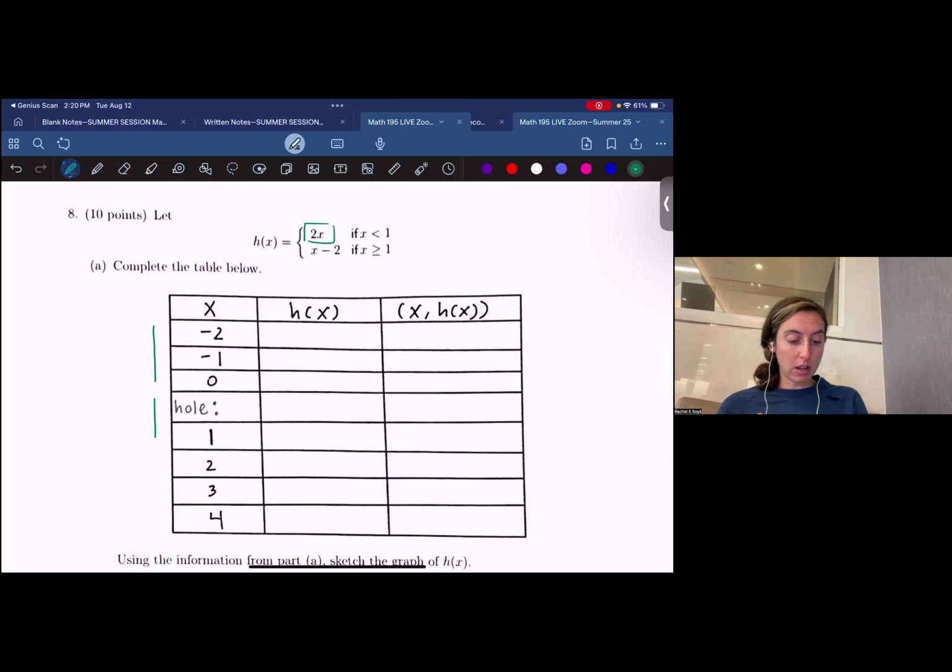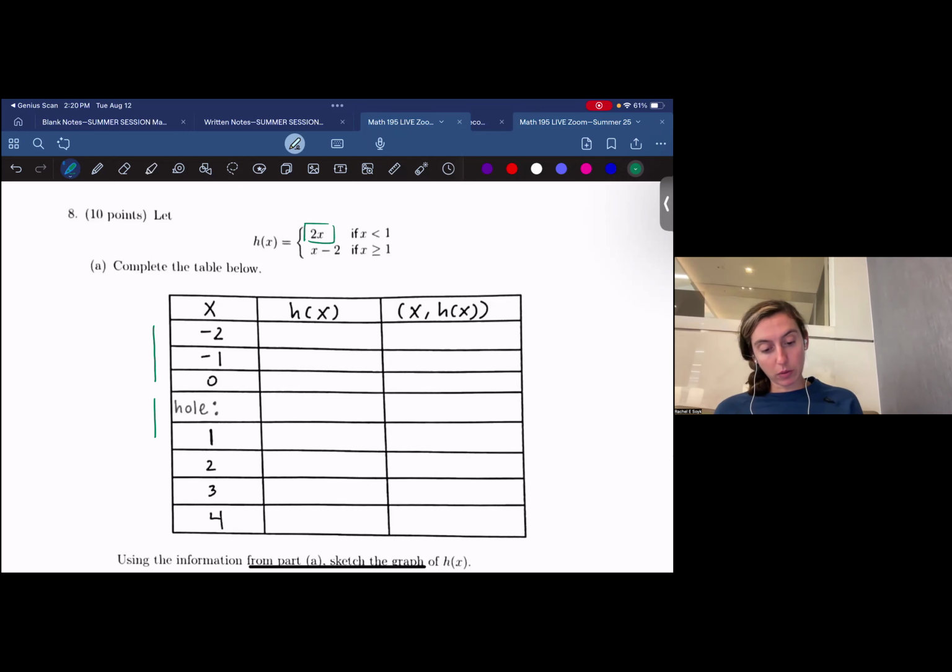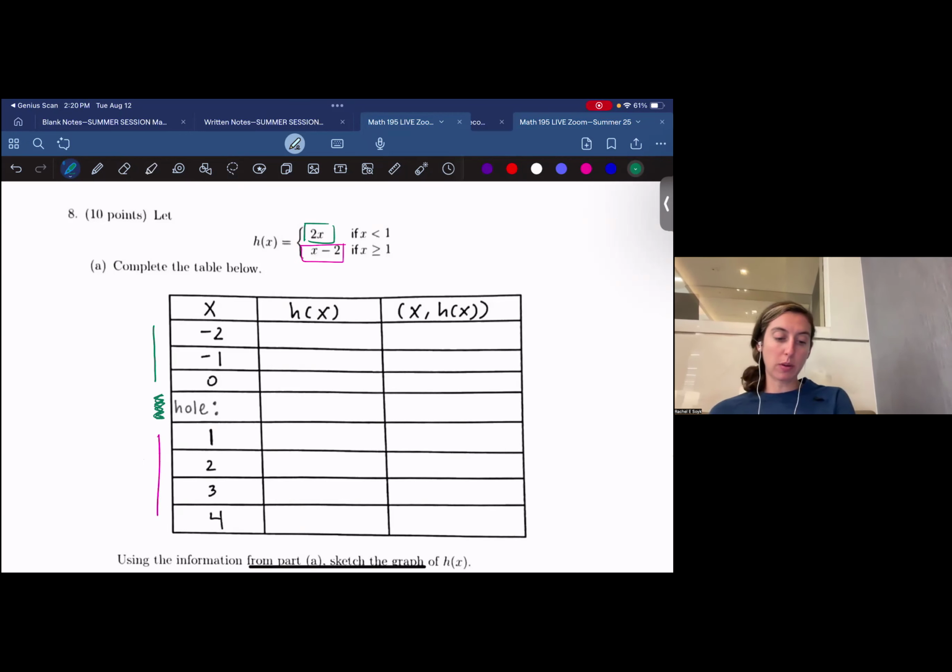And then for all of our values that are greater than or equal to 1, we are going to utilize our x minus 2. And this hole is going to be an open circle utilizing the 2x again. Okay.